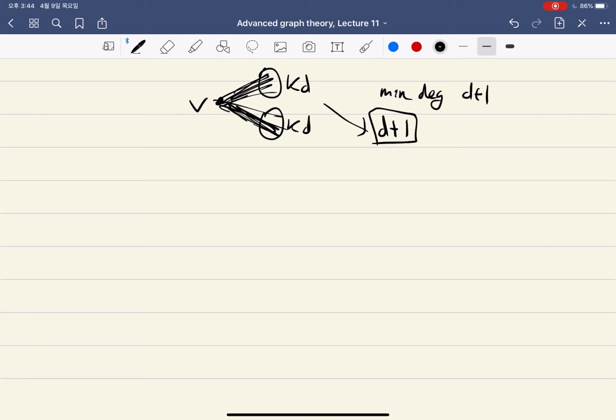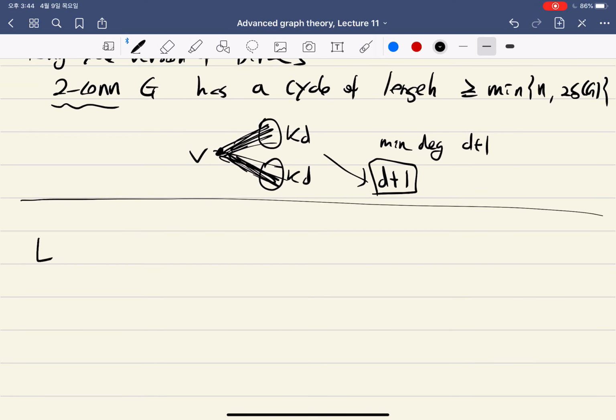Anyway, so also there is a version for the Euler theorem. And to prove those two, we want to prove the following lemma. So, lemma by Bondy.